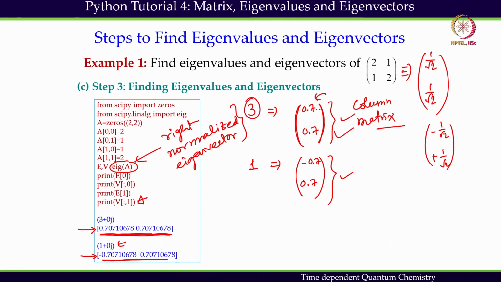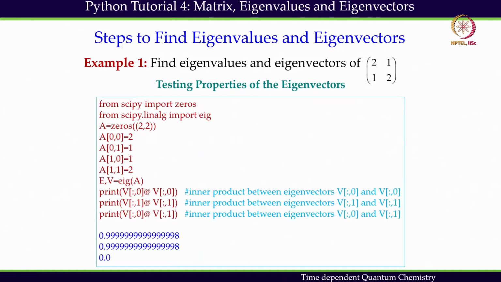And if we have these results, then one can now test the properties of these eigenvectors. We know that if I have two eigenvectors, then the inner product of each with itself, because it is normalized, should give me 1.